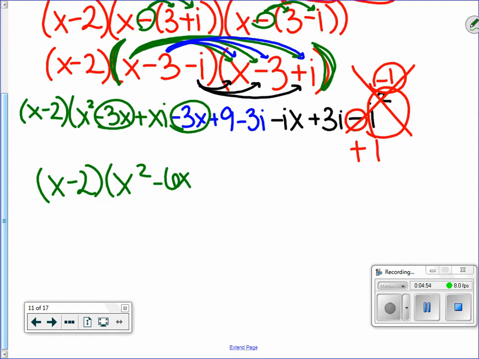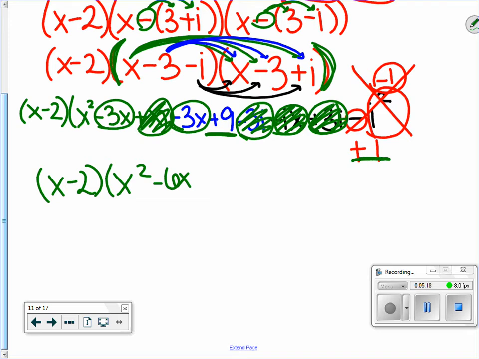And then notice that we have plus xi and minus xi or ix. So these two right here actually end up canceling out because you have a 1 minus a 1, okay? What's nice is this other i also cancels out. Negative 3i, oops, plus 3i, that cancels out, that goes away. So now we just have 9, and then this plus 1 because it was minus a negative 1 or minus i squared. So 9 plus 1 is 10.